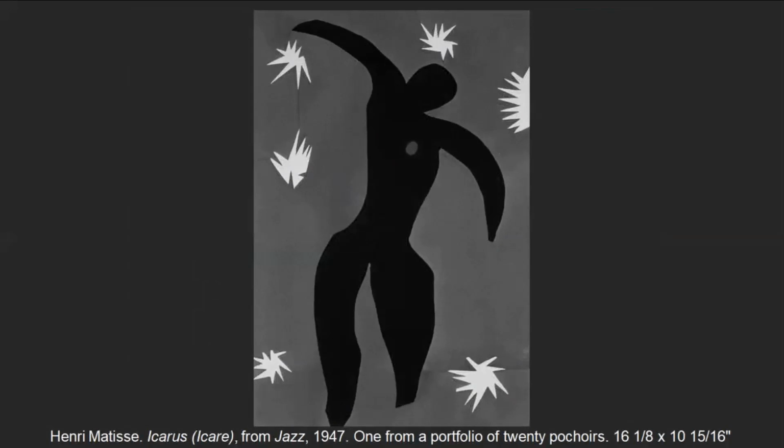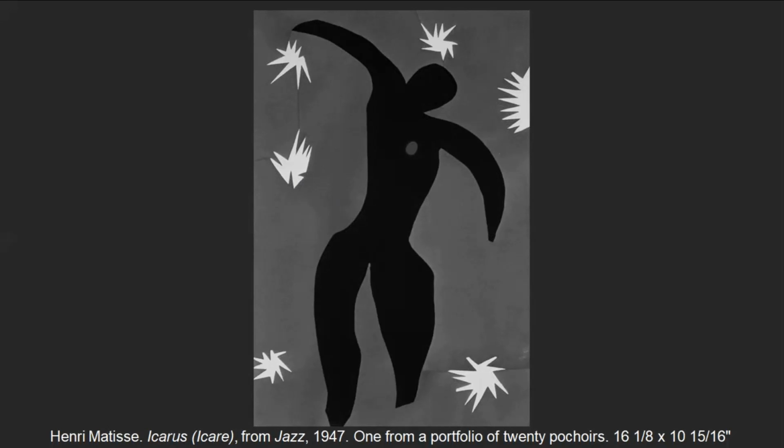If you're familiar with the myth, Icarus flew too high in the sky, got too close to the sun, melted the wings that his father had made for him, held together with wax, and he falls in the sky. So here's an image of Icarus falling. This is very much a story of the universe pushing back against Icarus's hubris here.